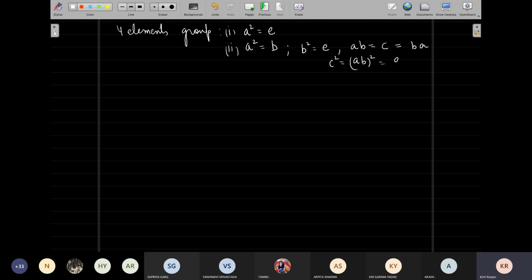AB times AB, and since AB is equal to BA, I can write AABB, which is equal to A square B square, and each of them is equal to identity, which means C square is also equal to E. So this C, which is equal to AB, turns out to have C square also equal to E.